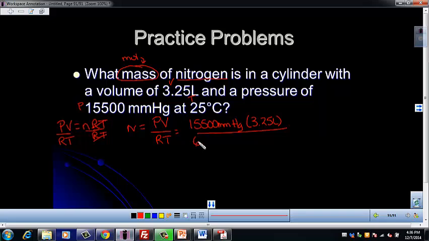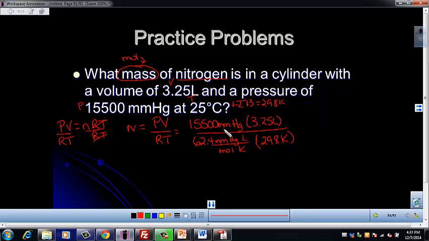So you should choose 62.4 millimeters of mercury liters over mole K. And then don't forget with your temperature to add 273, which will be 298 K.